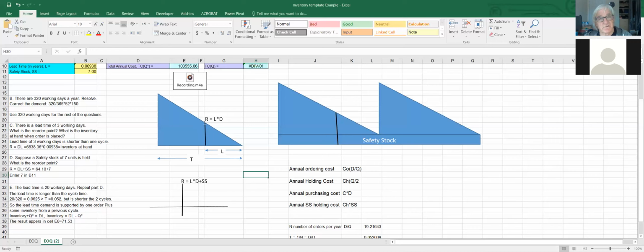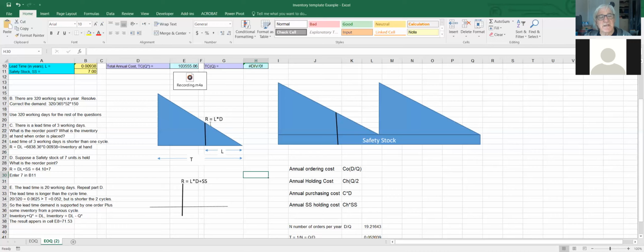We call it R, reorder point. At the end of the lead time, you have 0 inventory. And this means that during lead time, you sold exactly all your inventory here. So your inventory here is equal to the lead time demand. Lead time demand is equal to L times D.